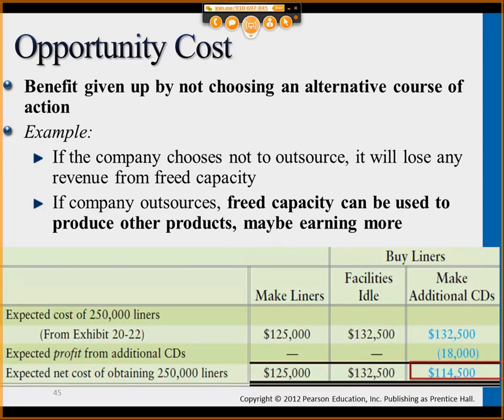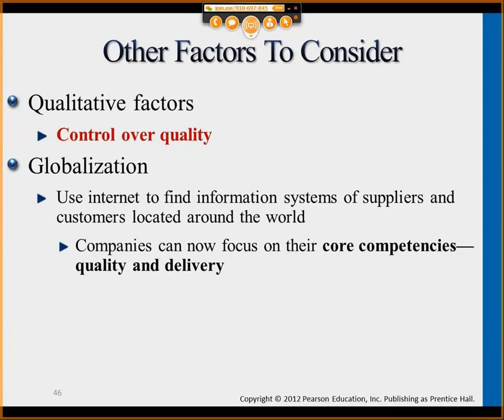All right, so what are the factors that we need to consider? We have a number of other factors, such as qualitative factors and globalization. These are more concepts and not as much something that you can easily calculate. Qualitative factors include our control over quality. Are we still getting the same quality of the product once we're outsourcing or producing in-house?